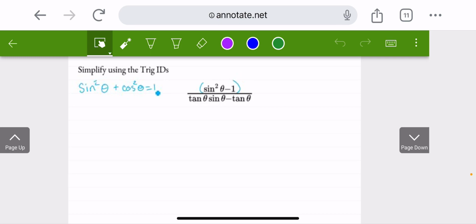You could subtract sine squared from both sides. Definitely an option. Another option, since I know I want my sine squared to be positive, how about we move that cosine? Totally fine, you'll still get there. I'm going to make this sine squared theta minus cosine squared theta.